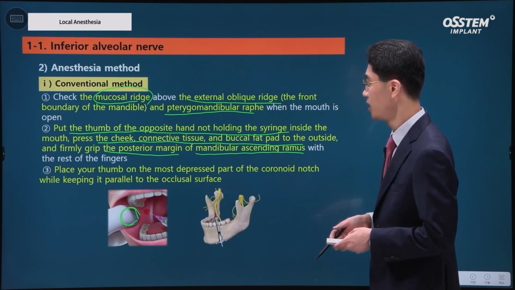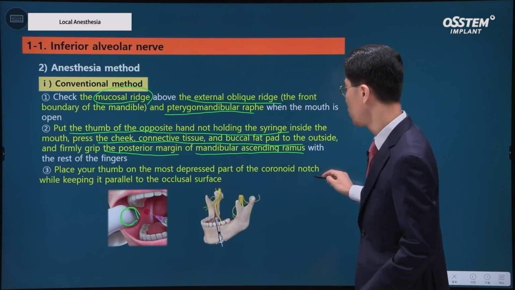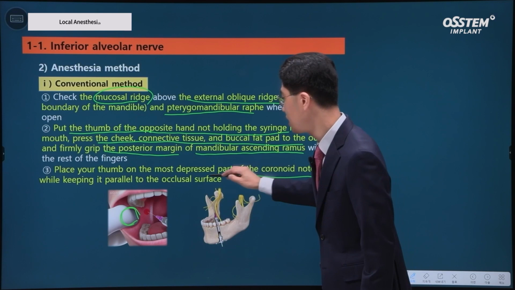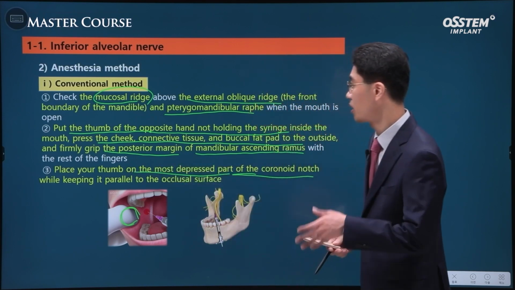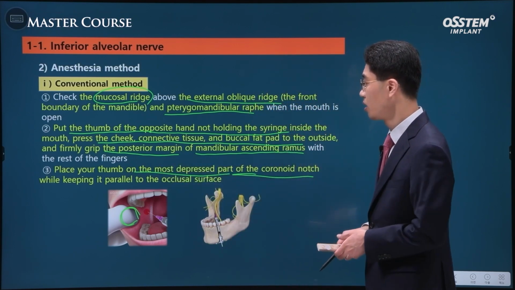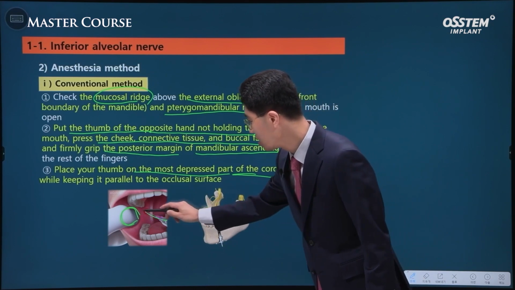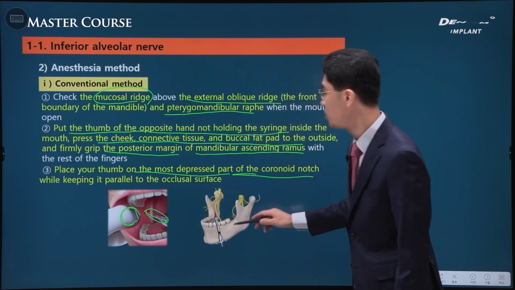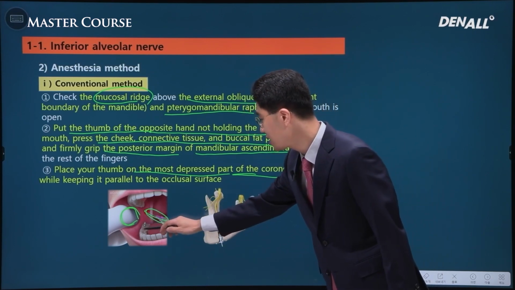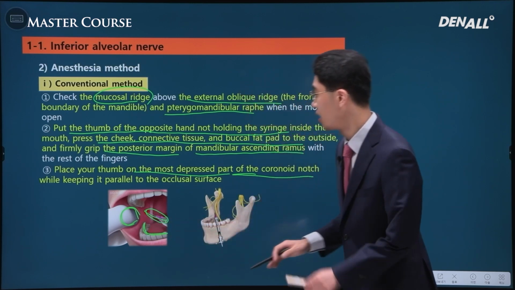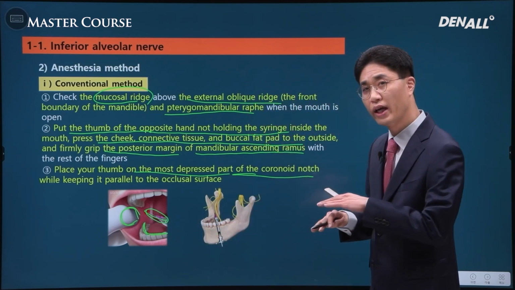After that, place your thumb on the most depressed part of the coronoid notch while keeping it parallel to the occlusal surface. The point where the needle goes in needs to be in parallel with the occlusal surface.